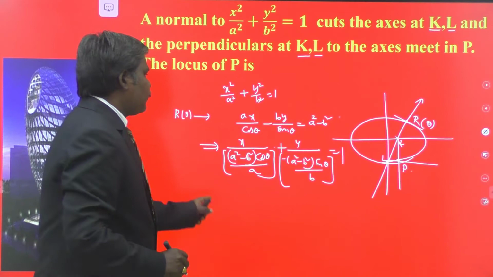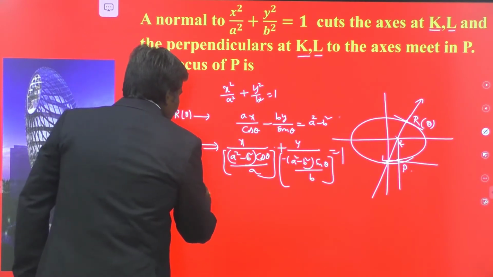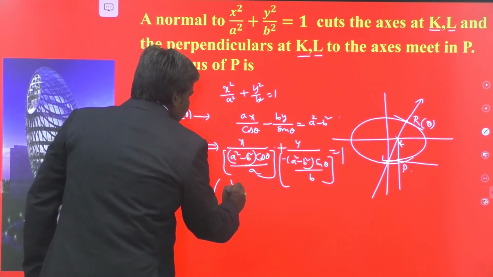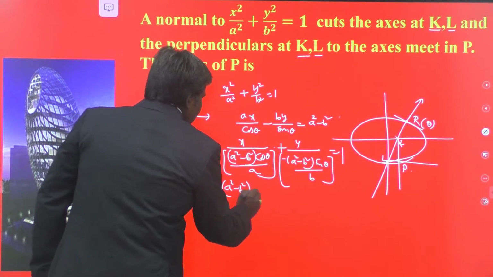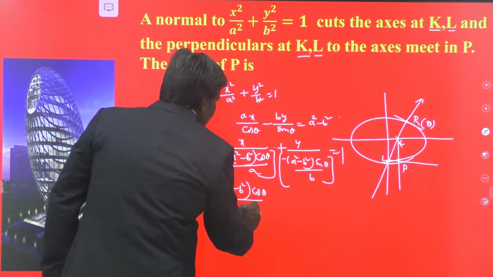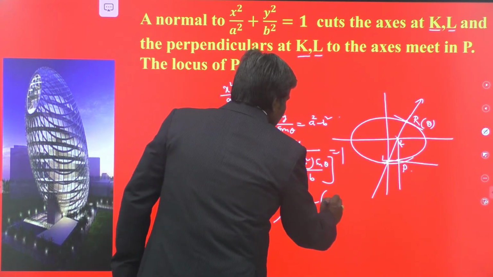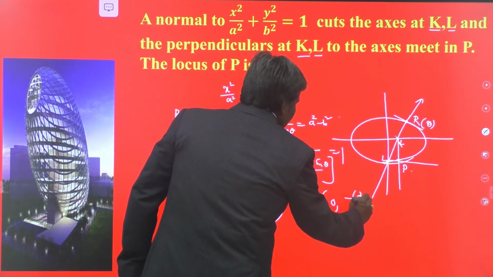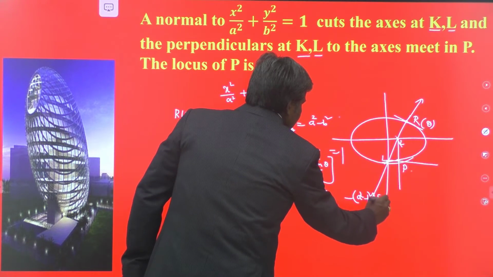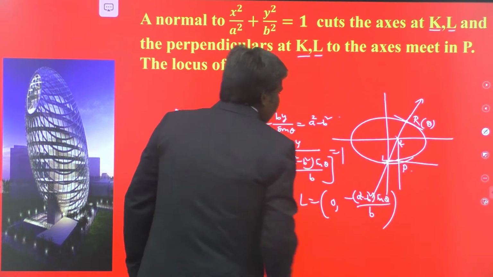Therefore, what are the coordinates of K? K is equal to (a square minus b square) into cos theta by a comma 0, and L is equal to 0 comma minus of (a square minus b square) into sin theta by b.